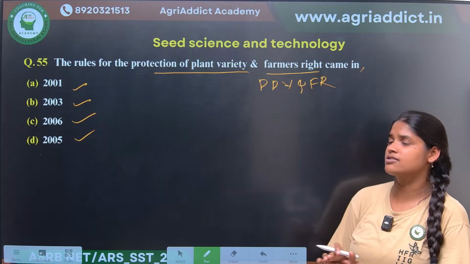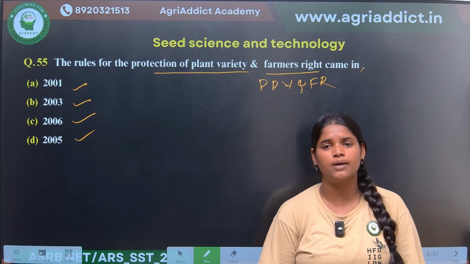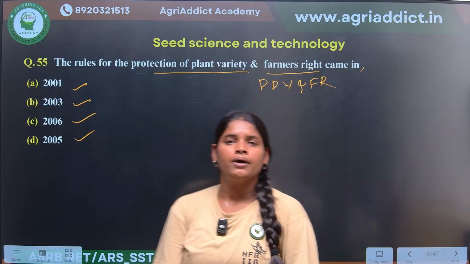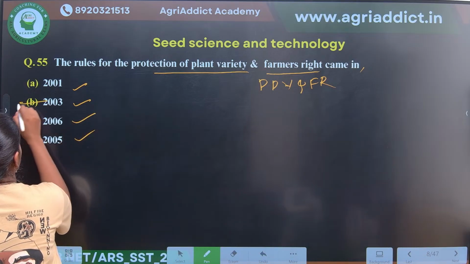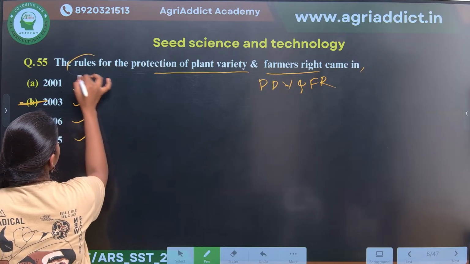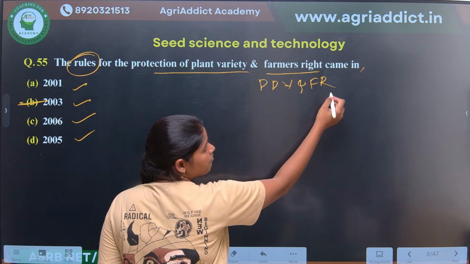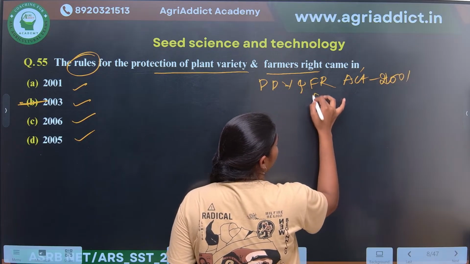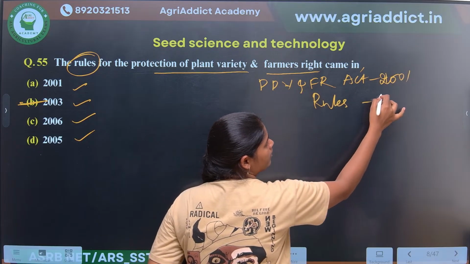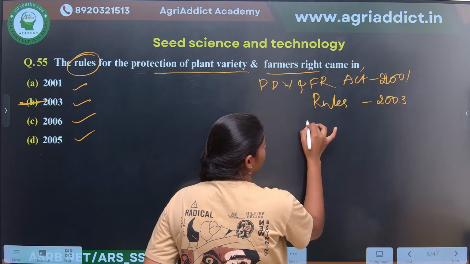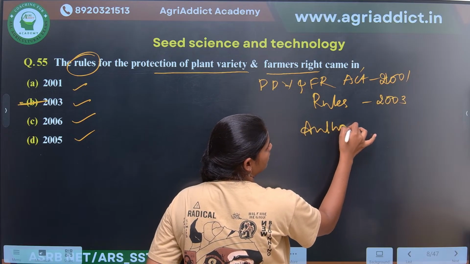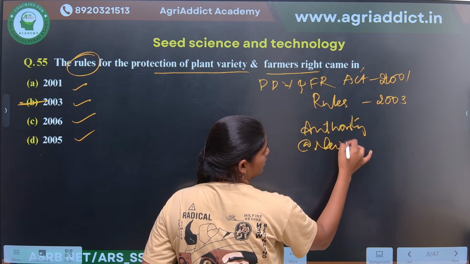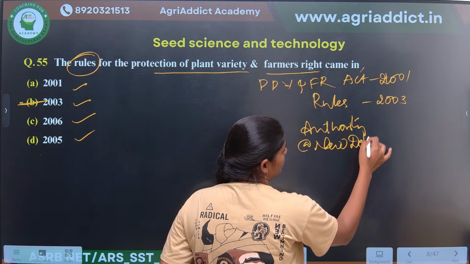What do you think about this? The rules for PPV and FR came in which year? Right, it is in 2003. Just carefully read it. They have asked for the rules. The PPV-FR Act was enacted in 2001, and rules came in 2003. And the PPV-FR Authority is located at New Delhi, in the NASC complex.